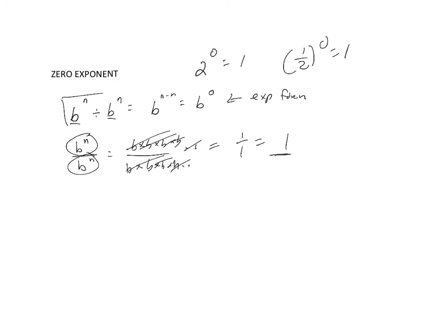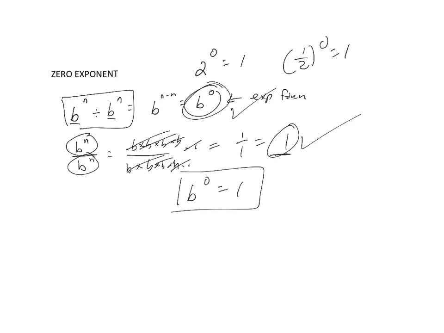And if you apply the exponent subtraction rule, we get b to the power of 0. So we have the same answer, but two different looking formats. In other words, b to the power of 0 will always equal 1. So this is more like an algebraic demonstration or proof, you could say, to show that anything to the power of 0 is going to be 1.